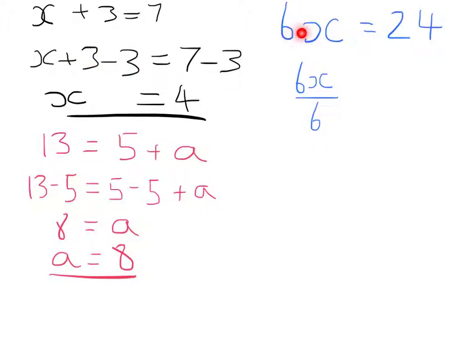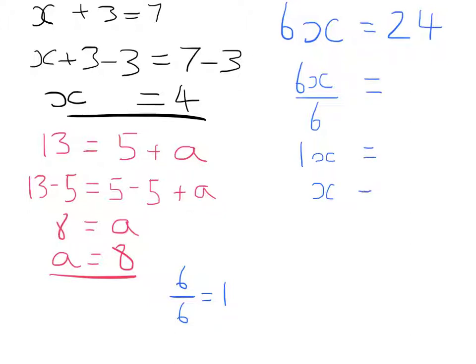Okay, over here it's a multiplication, so we have to divide. And you'll notice that 6 divided by 6 is equal to 1. Okay, so that becomes 1x. And 1 times something is always itself, so in maths we can just write that as x. It means exactly the same thing.